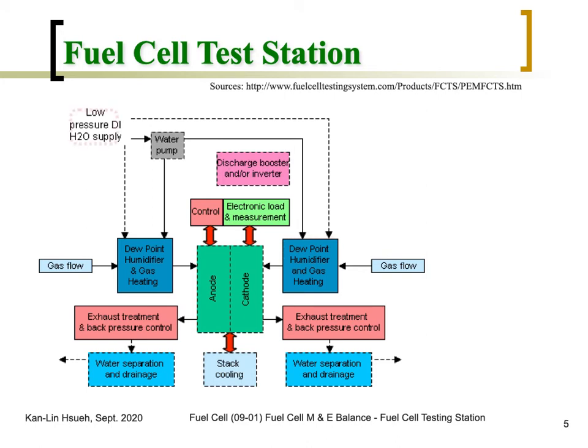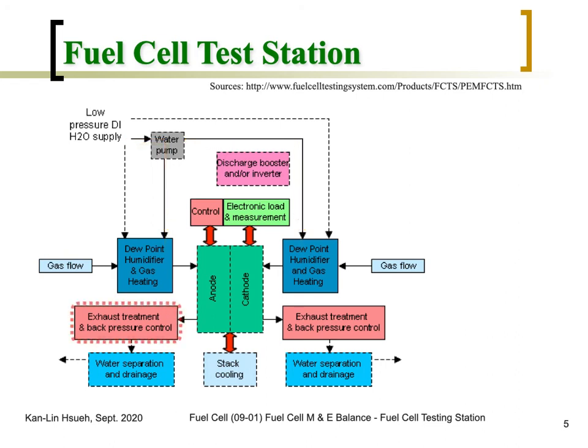And for the humidifier, water goes through a water pump, and there is a water tank inside the test station. So the gas flows through the water tank, bubbles through the water, to get fully humidified and heated.